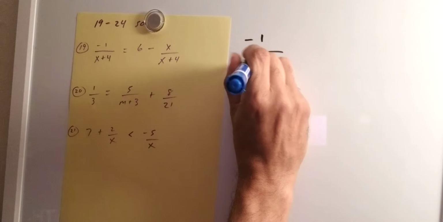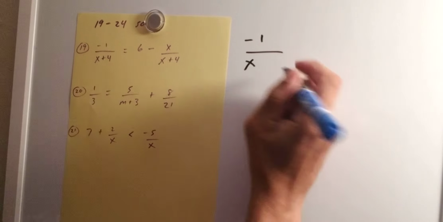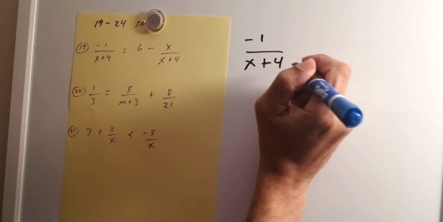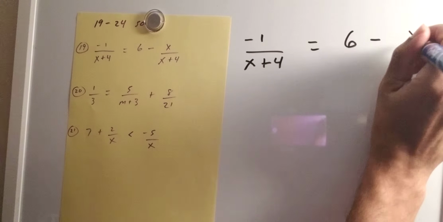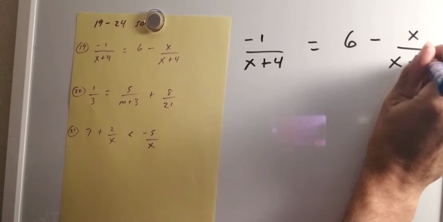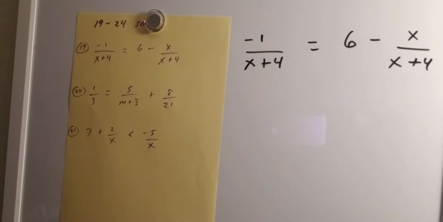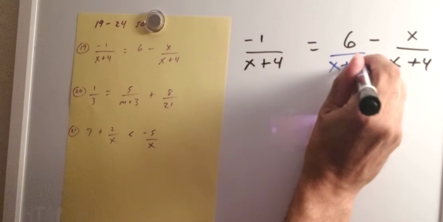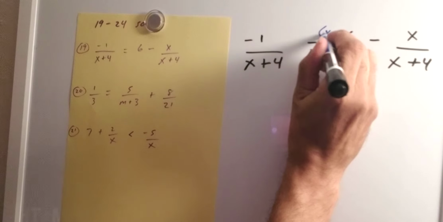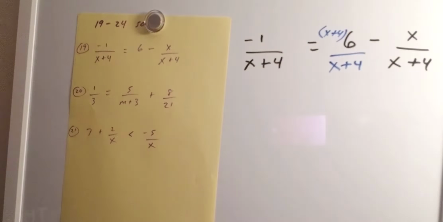It's 1 over x plus 4 equals 6 minus x divided by x plus 4. We have an equation with rational expressions. Let's get this over x plus 4 by multiplying numerator and denominator by x plus 4.